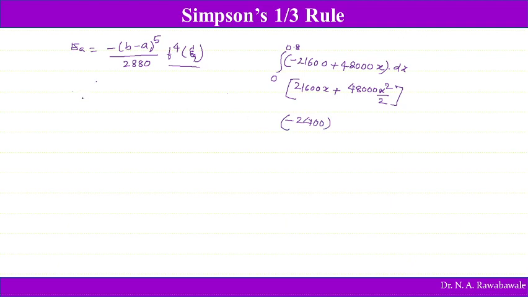So here, approximate error, if we substitute b minus a is 0.8 to the power of 5, minus, divided by 2880 into this minus 2400, works out to be 0.2730. Approximate error is 0.2730.